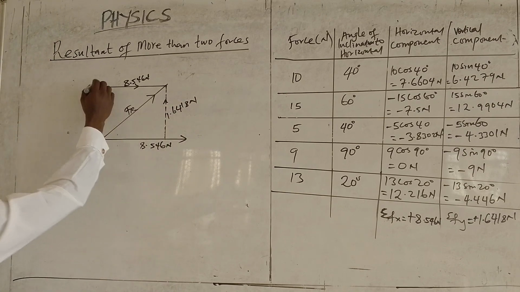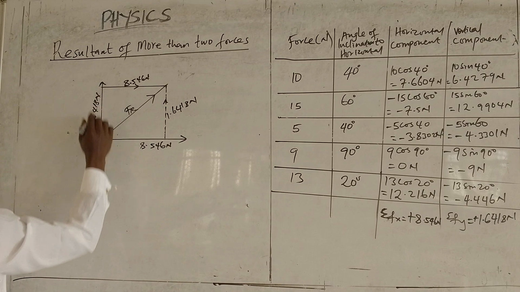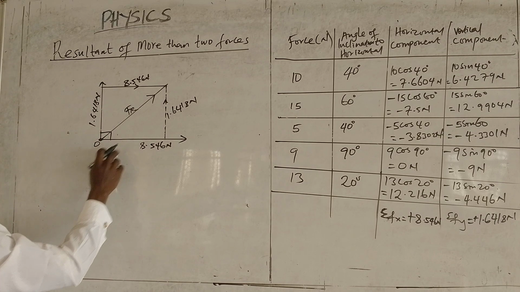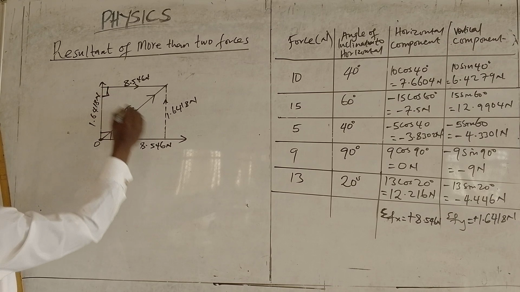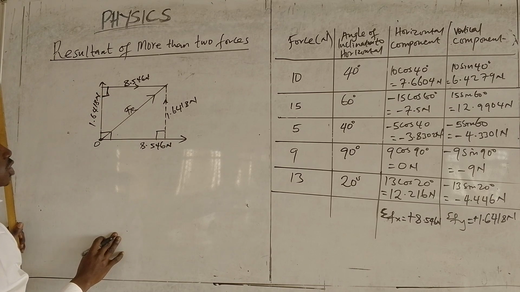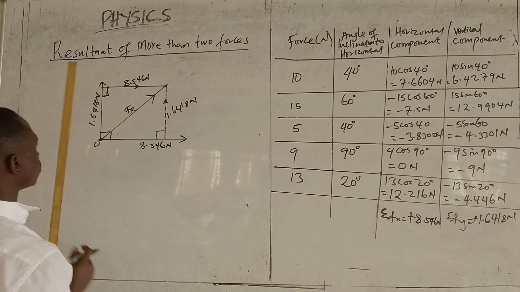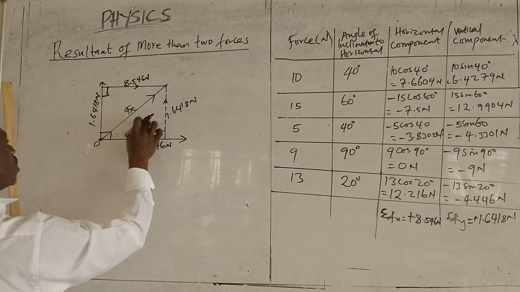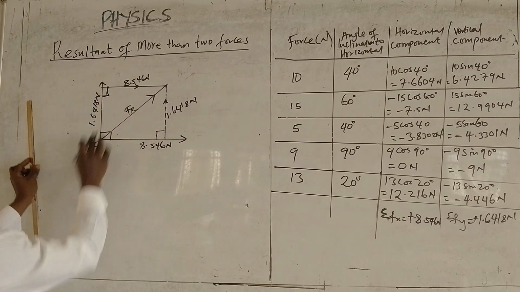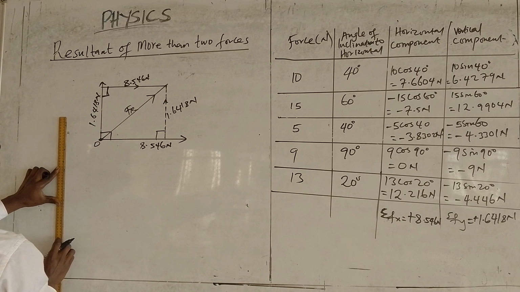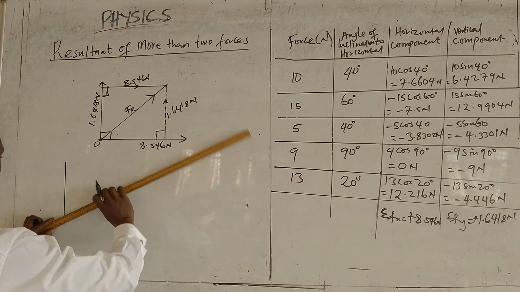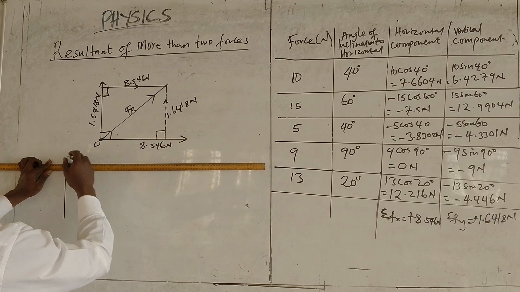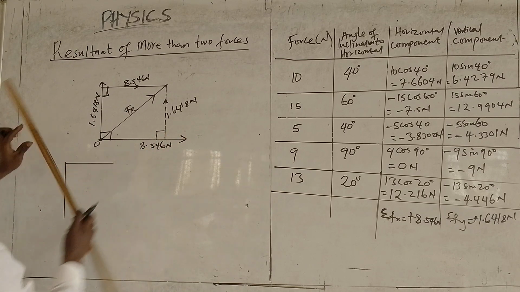Now, my Fx and Fy are at 90 degrees to each other. So 180 minus 90, definitely here is going to be 90, and here 90, so that we now have a right-angled triangle. You can use any of these two triangles. So let me bring the triangle up and draw it out. I'm using the triangle up, but you can use any of the two triangles.